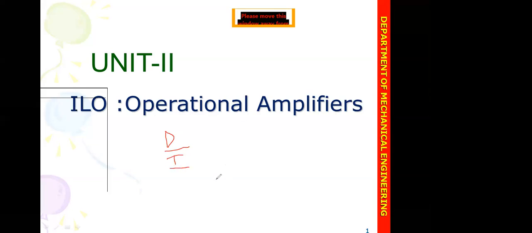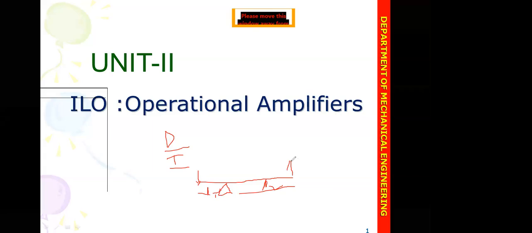Then in the mechanical amplifier, see here, this is one beam, and here one pivot is fixed at this portion. The lengths vary: this is L1 length, and this is L2 length. When the force is acting at one end, the displacement at the other end should be more.